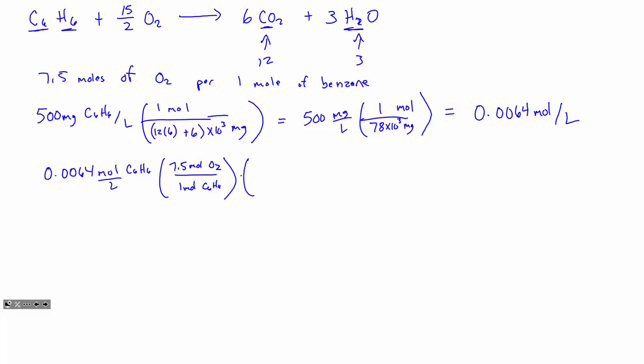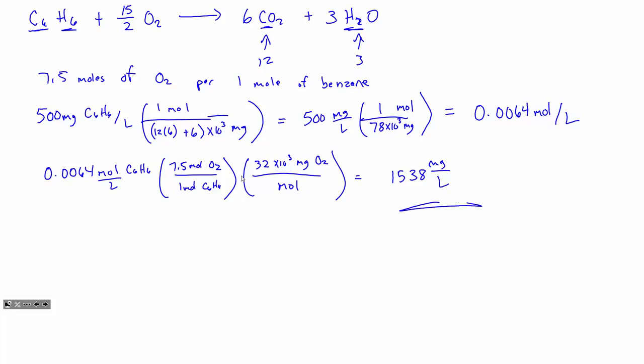And we can go ahead and multiply by the molecular weight of oxygen to get it in terms of milligrams per liter. So for oxygen, it's going to be 32, right? Because we have an atomic weight of 16, and we have 2 oxygens. So it's going to be 32 times 10 to the third milligrams of O2 per mole. We end up getting a concentration of 1,538 milligrams per liter.